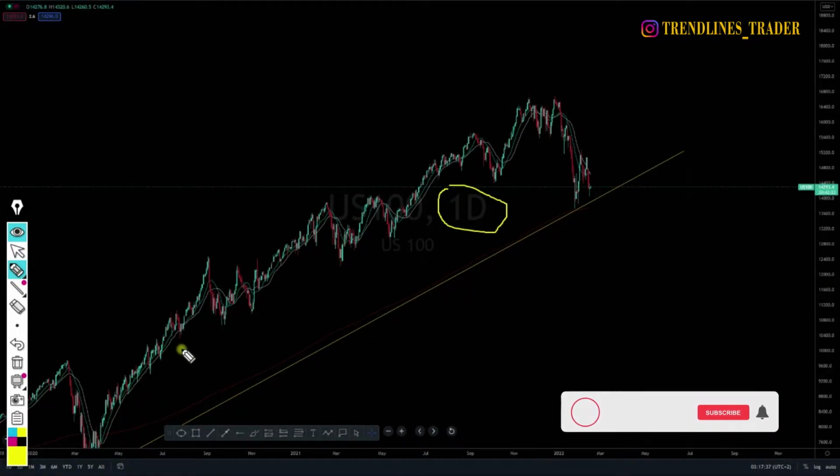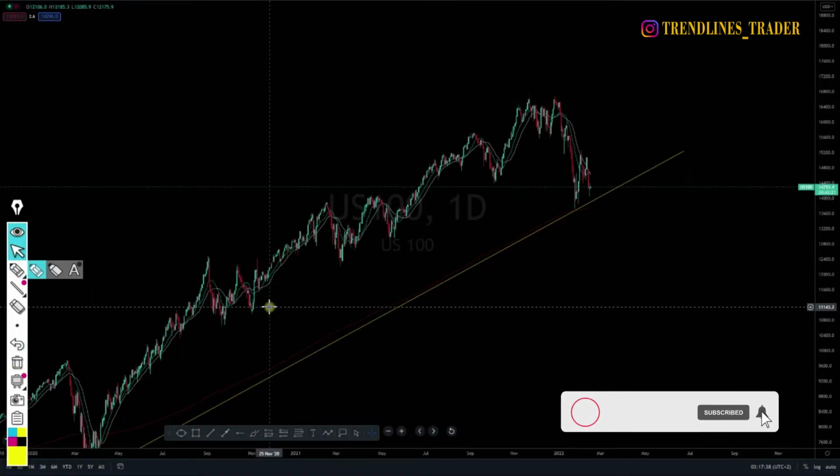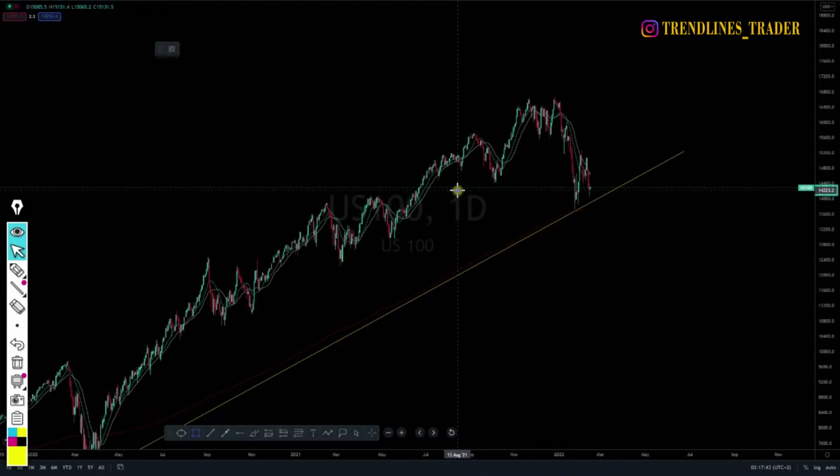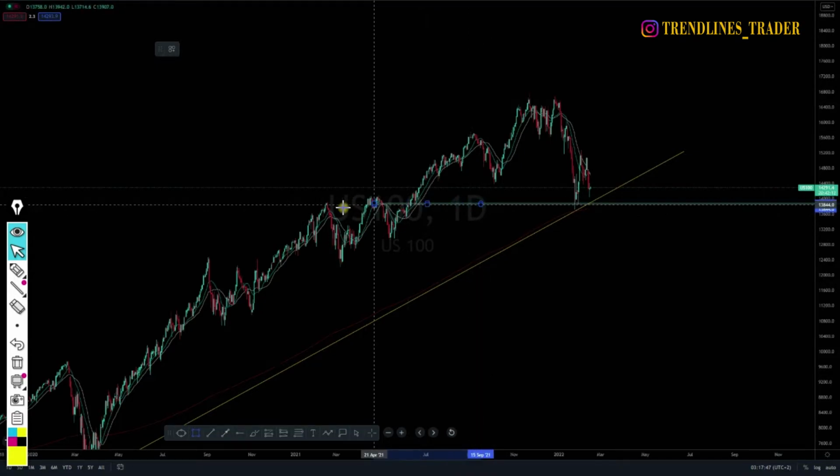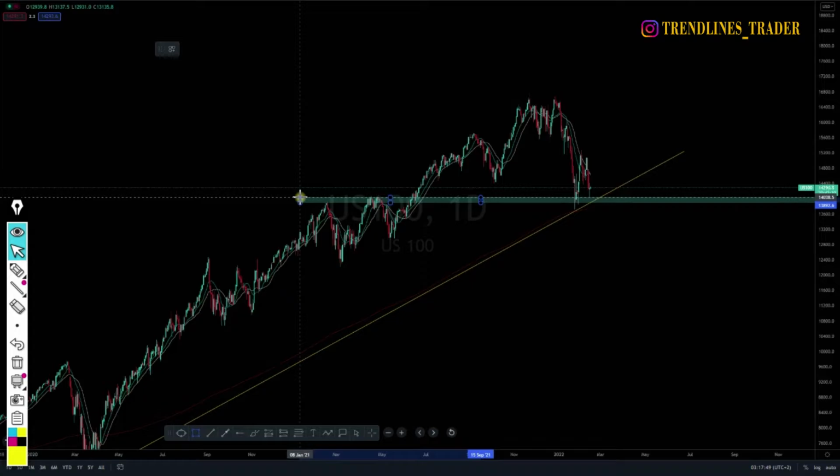So ladies and gentlemen, on daily time frame the price still respects this area as we witnessed it yesterday.